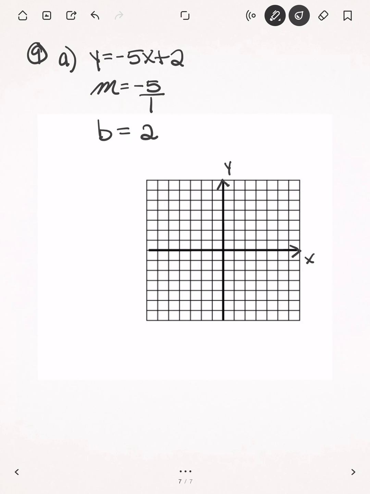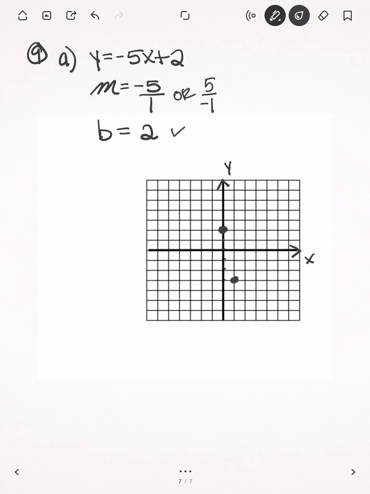So when I graph this, I go to my graph, and this is my y-intercept. So I'm going to go to the y-axis at positive 2. And from there, I'm going to use my slope. This says go down 5, to the right 1. 1, 2, 3, 4, 5 over 1. Or I could say this is 5 over negative 1, still equal to negative 5.